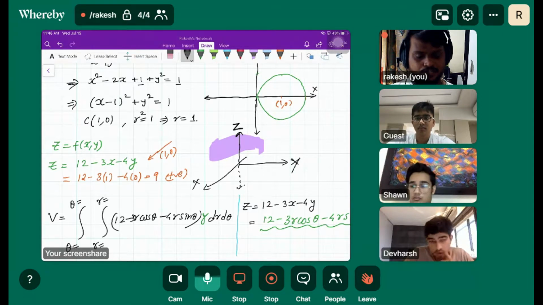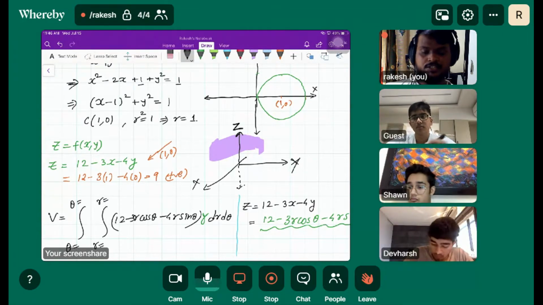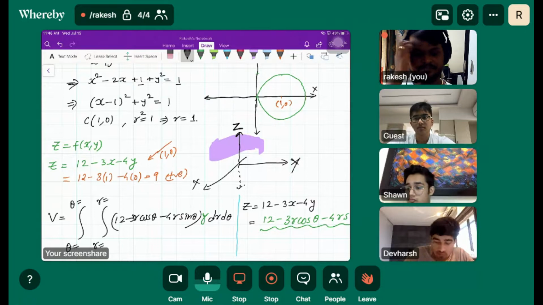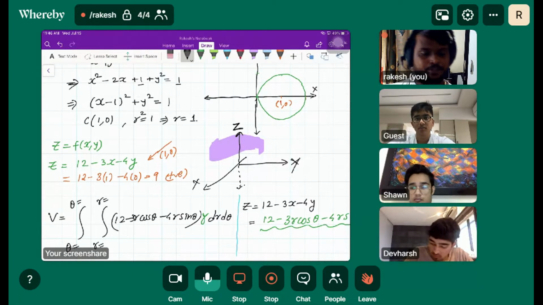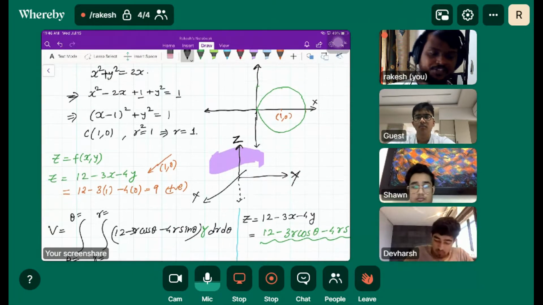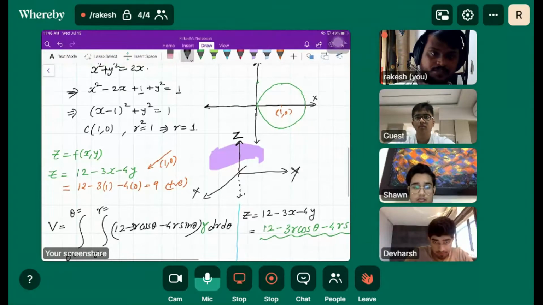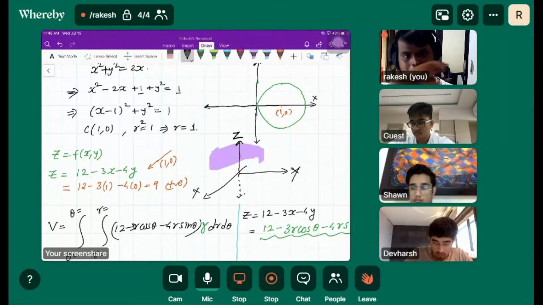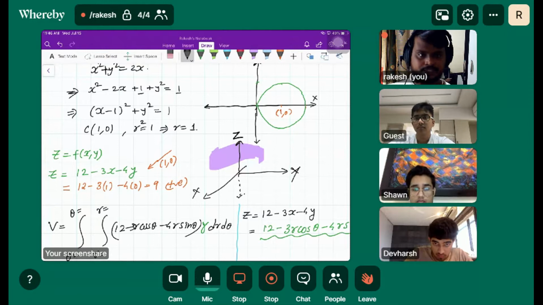So what is r equal to? Can you tell me the limit of the inner integral here? What do we do to figure out the limit of the inner integral? Where should we start? We start from the pole, right?